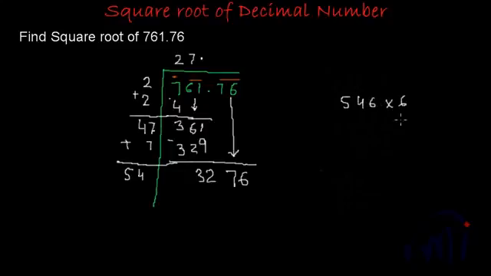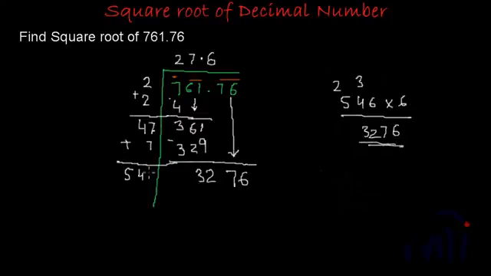And when 546 gets multiplied by 6, 6 6s are 36, 3 carried forward, 6 4s are 24, plus 3 is 27, 2 carried forward, 6 5s are 30, plus 2 is 32. So 6 is the number, right? Because this is exactly the same as what we have over here.